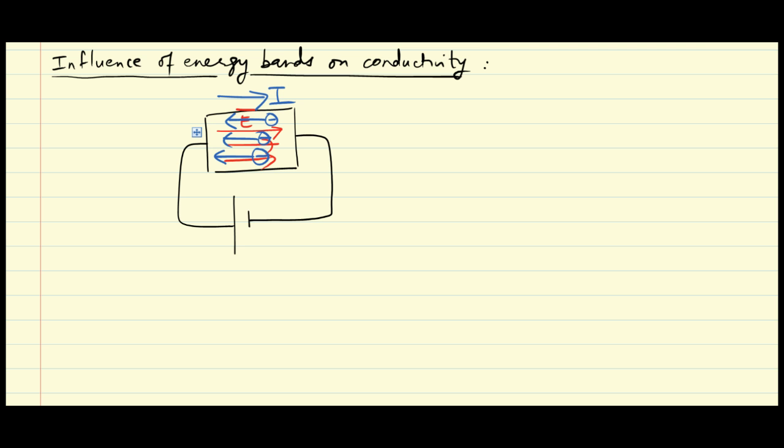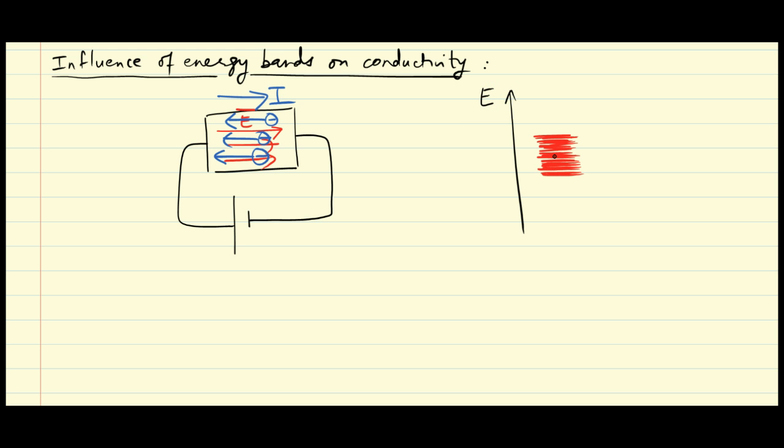Whether a given electron can or cannot participate in the electrical current depends upon its position in the energy band diagram. To explain this, I have drawn an energy band diagram. Note that the symbol E here stands for energy. It's not the electric field.